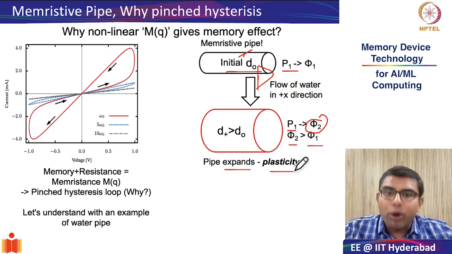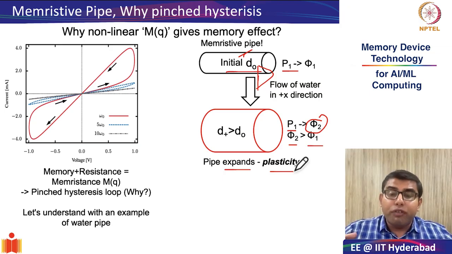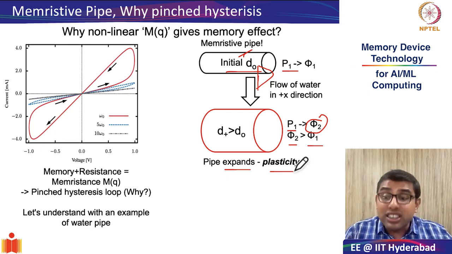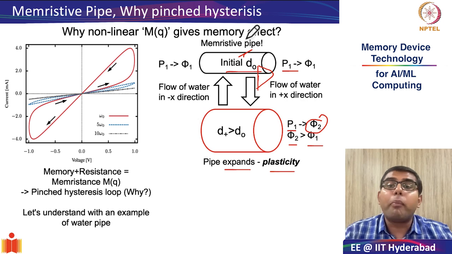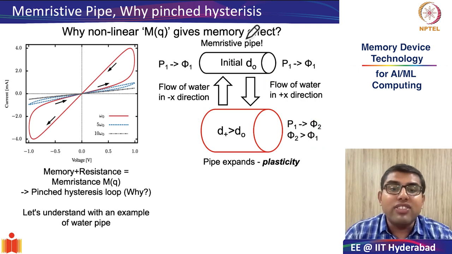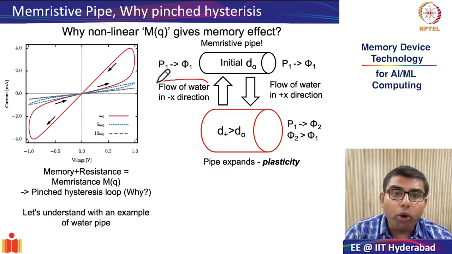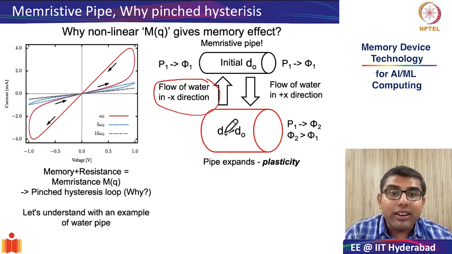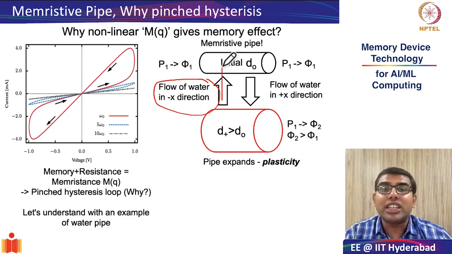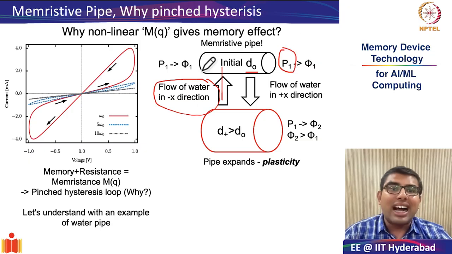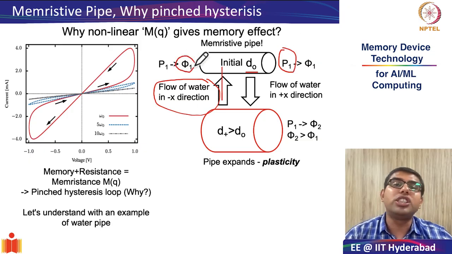It means once you apply some force, even after you remove the force, the state of the system remains in that position until you revert it by applying an opposite force. And in this case, you flow water in the opposite direction. When you flow water in the opposite direction, the diameter shrinks back in this magical memristive pipe to the original D0. So for the same pressure, you are returned to the original flux.